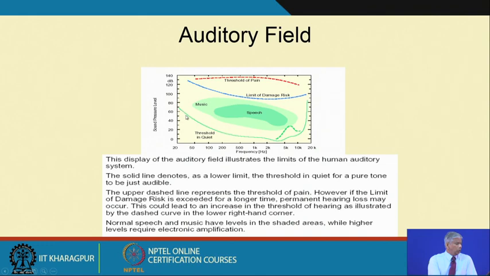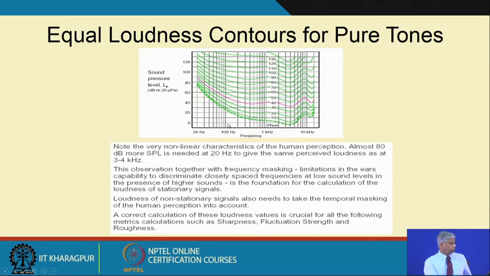And as you can get a clue, our human ear is not at all linear, it is sensitive at different frequencies. So this is how the equal loudness contours for pure tones occur. We need to increase the sound pressure level at low frequencies compared to high frequencies to get the same sense of loudness or hearing.